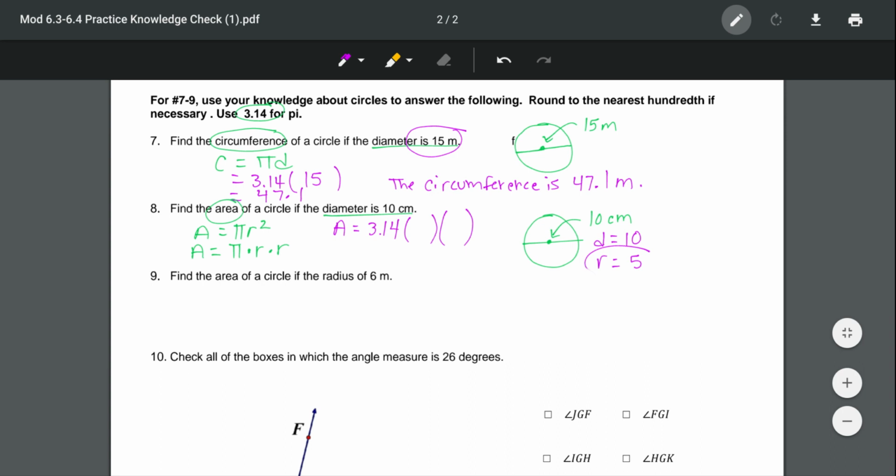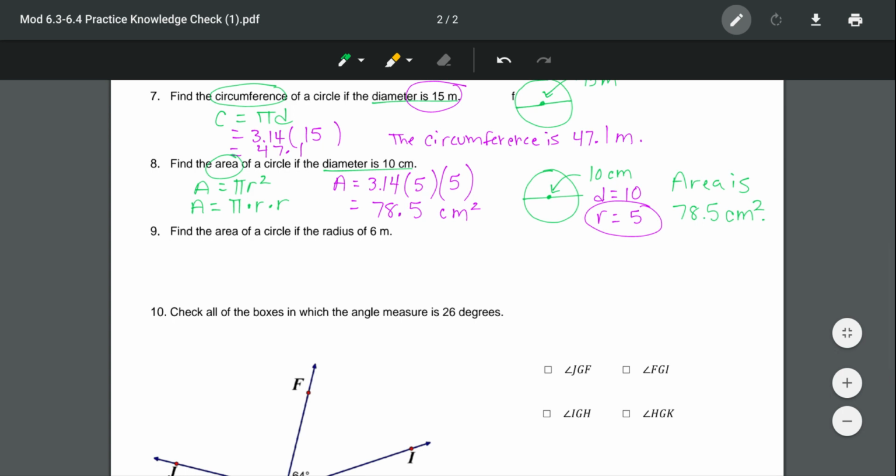So you're going to use a radius of 5 in your formula. Multiply 3.14 times 5 times 5, and you're going to get 78.5 centimeters squared. Remember that the units for area are squared units. So the area is 78.5 centimeters squared.